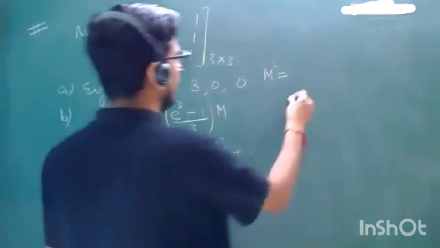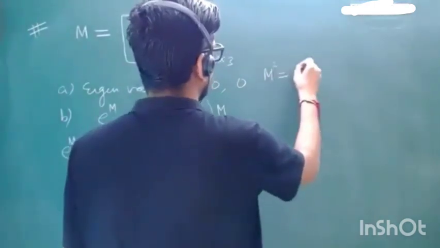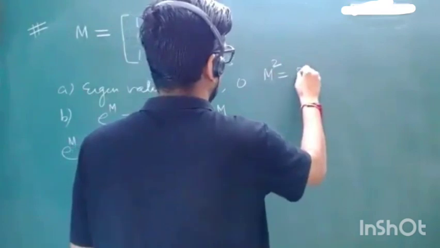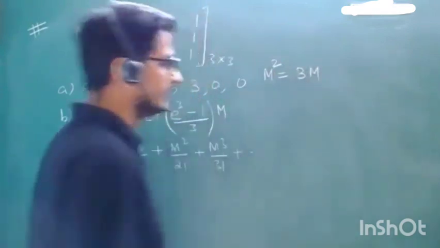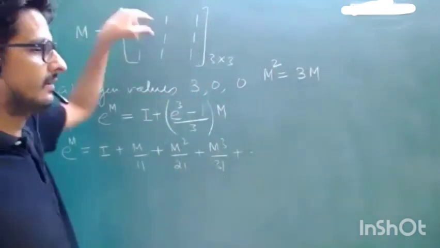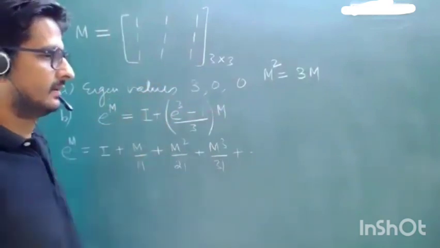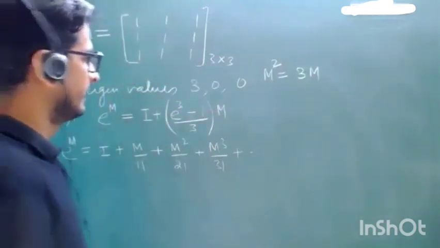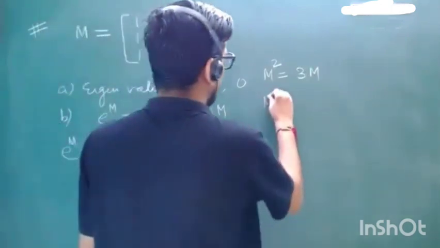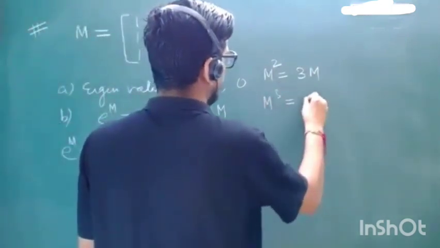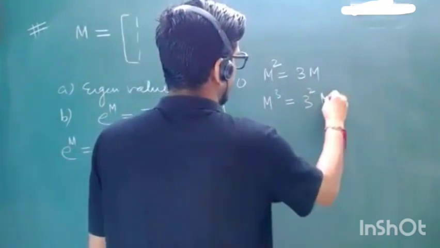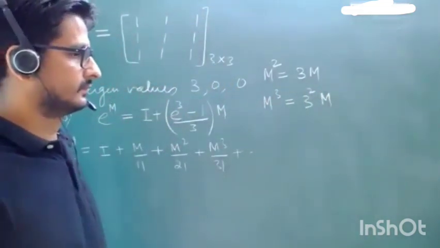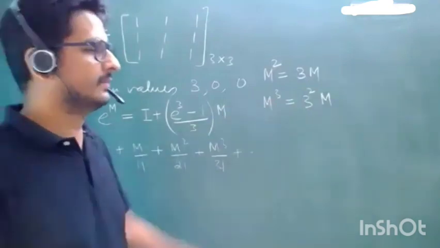So if you multiply, you will get m square is equal to 3m, because you know elements add up, 1 plus 1 plus 1. So 3 will be everywhere, you will take 3 common. And now if you multiply m cube, then what you will get? 3 square m, because m square will again become 3m, yes?